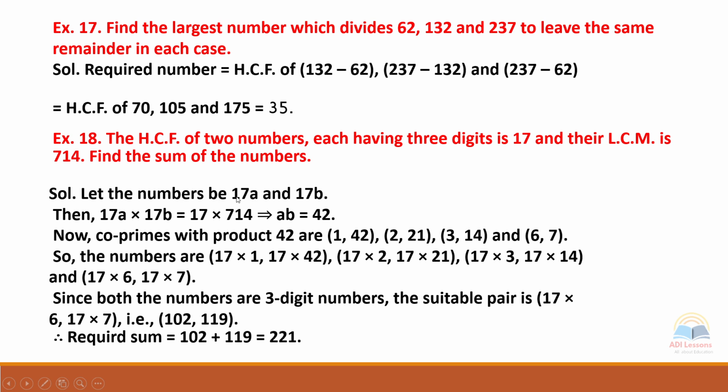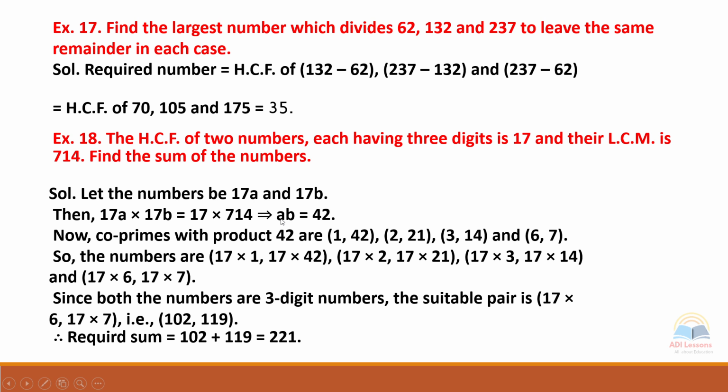Let the numbers be 17A and 17B. Then 17A into 17B equal to 17 into 714. Here we know the product of two numbers is equal to product of their HCF and LCM.